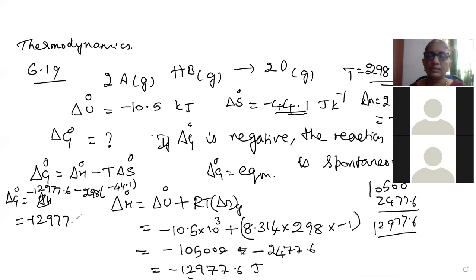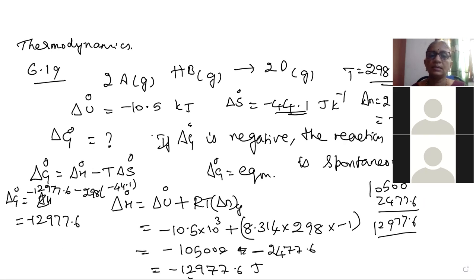Minus 12977.6 plus, what is the product of 298 and 44.1? Tell me. What value are you getting? 13141.8. 298 into 44.1 is 13141.8.